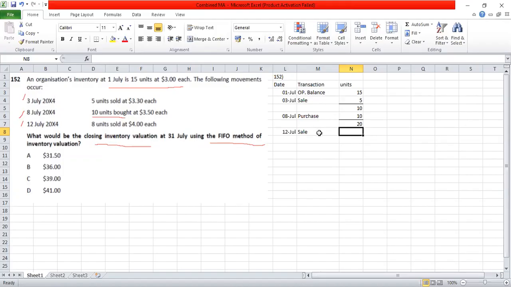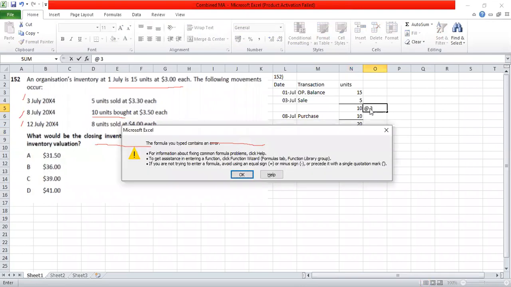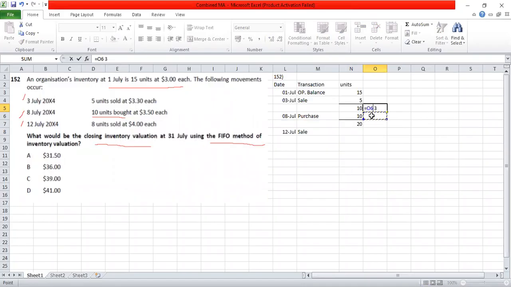But now for the sale which happens on 12th July, there are 2 lots of material. We see one lot of material at the rate of 3.